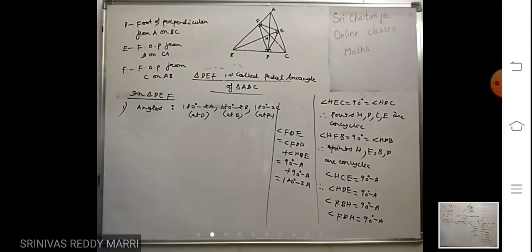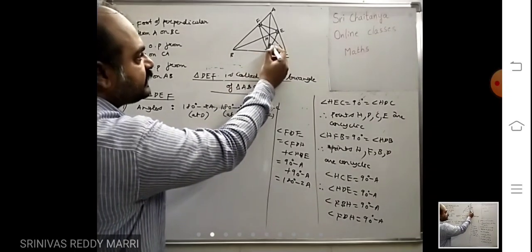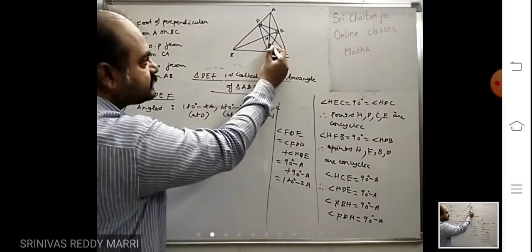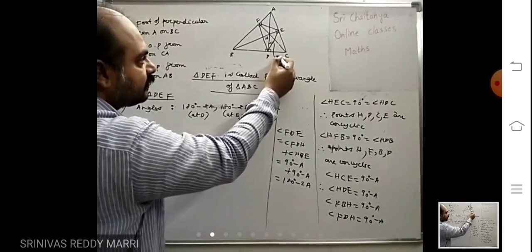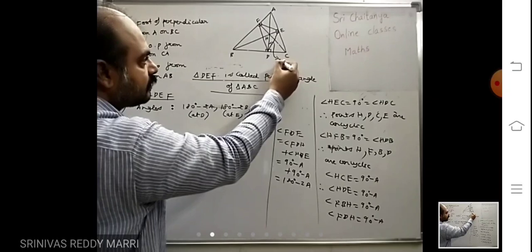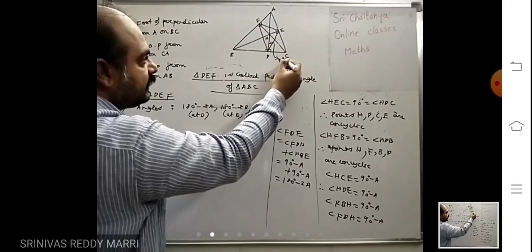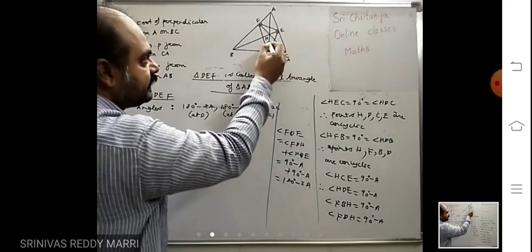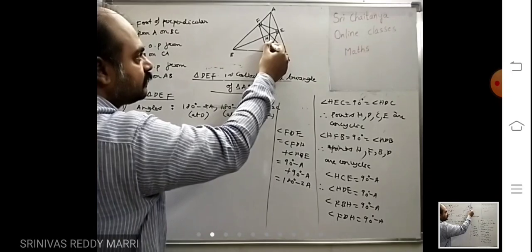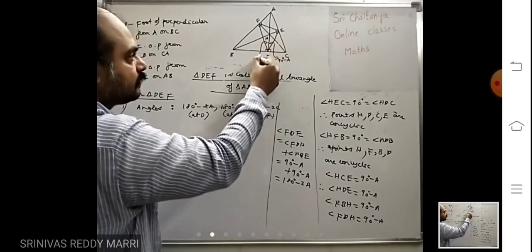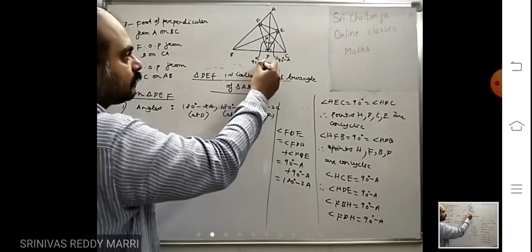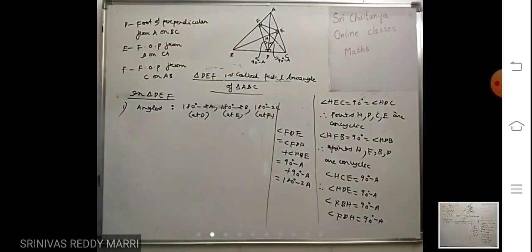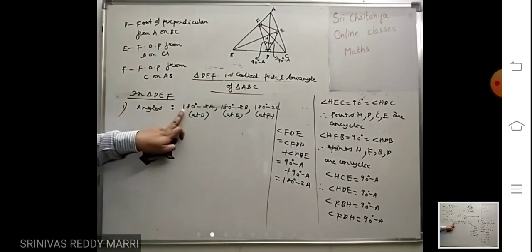Now what you got till now is this angle; I am marking it. This angle you got is 90 minus A. That you got, so both sum to 180 minus 2A.